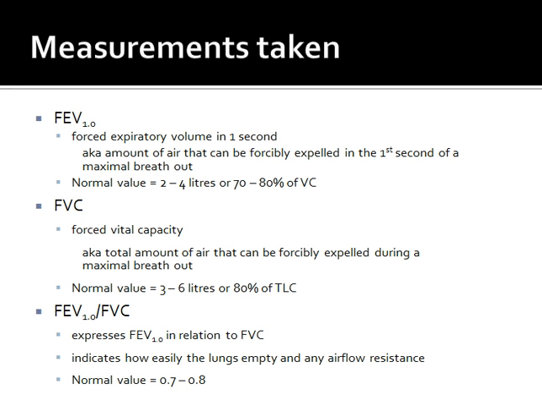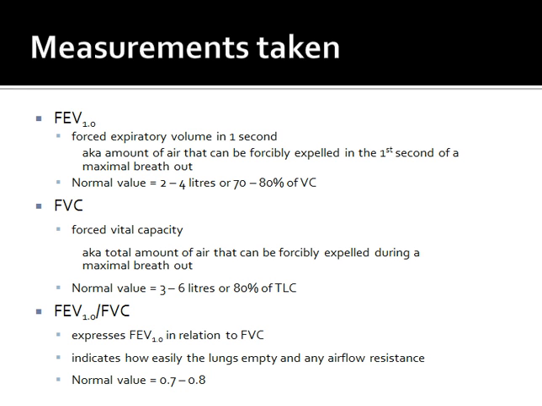We've got the elastic recoil of the alveoli. Our airways aren't obstructed, and therefore there's no obstruction to flow. So normally 80% of that total lung volume that you could exhale is expelled in that first second. And therefore the FEV1 measures the amount of air that is expelled in the first second.